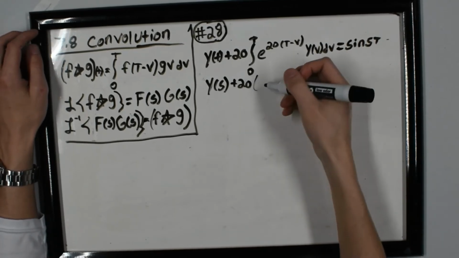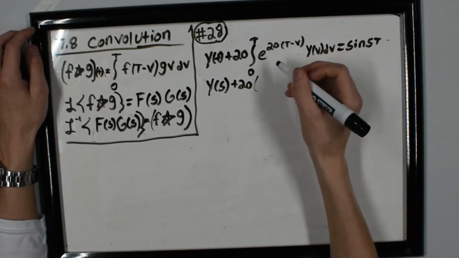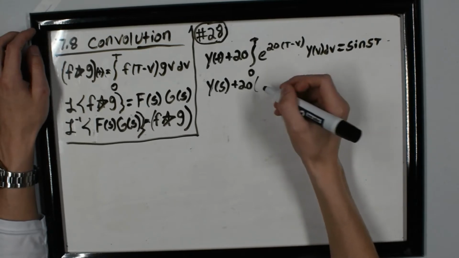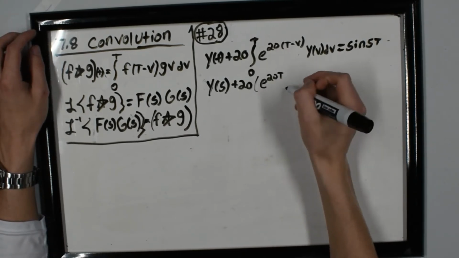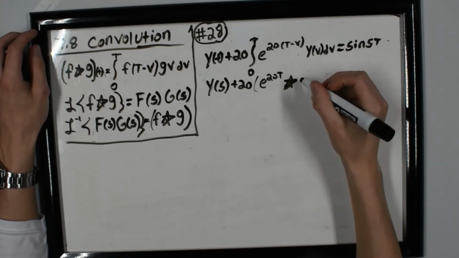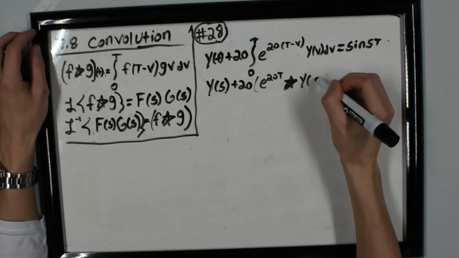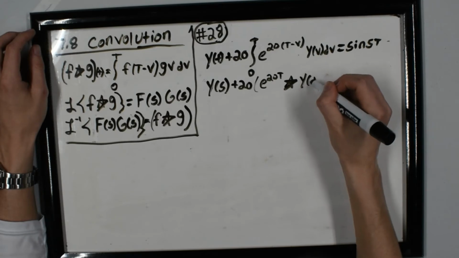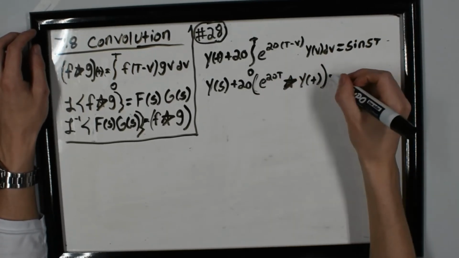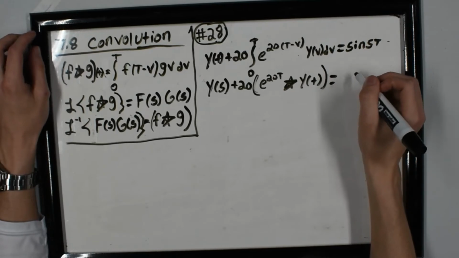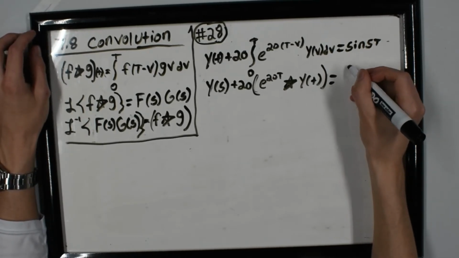Well, this is going to be the convolution of f and g, where f is e to the 20t, and g is y of t. And we're going to need to find the Laplace transform of that. But for now, I'm just going to leave it as that.